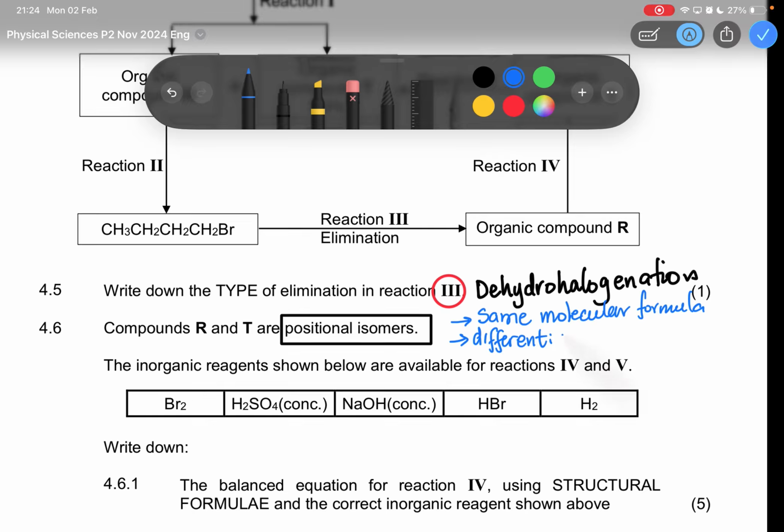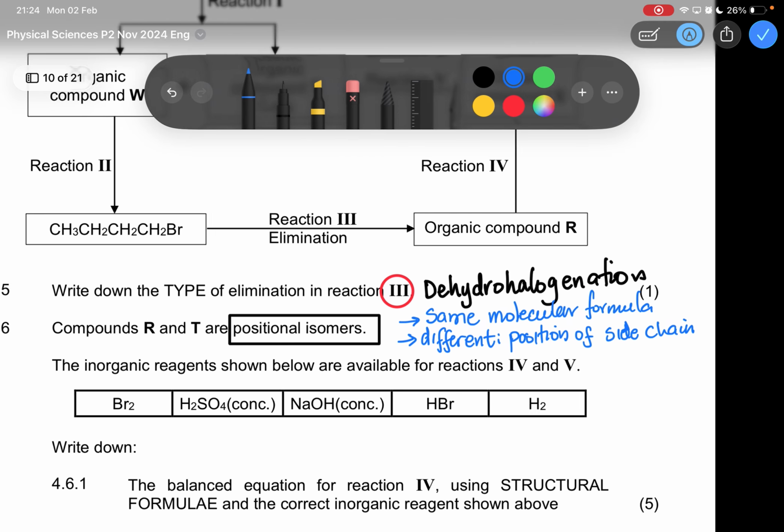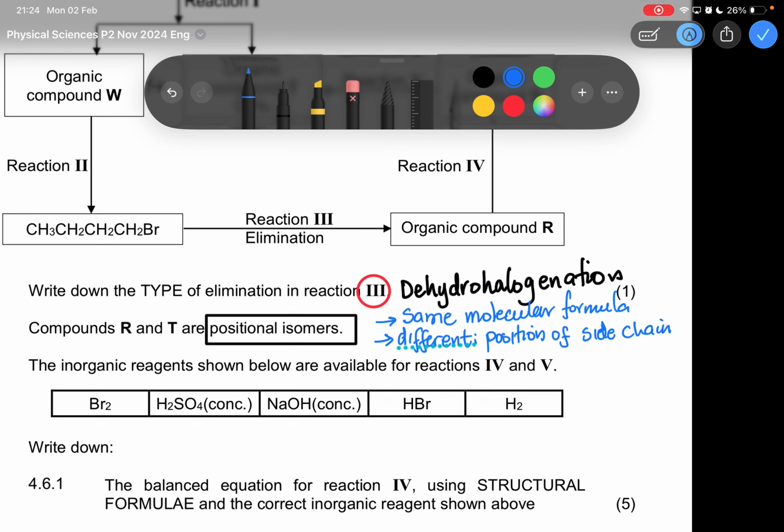So what is different is the position of side chains, that means it will be from carbon 2 to carbon 3. The position of the substituent and or the functional group.